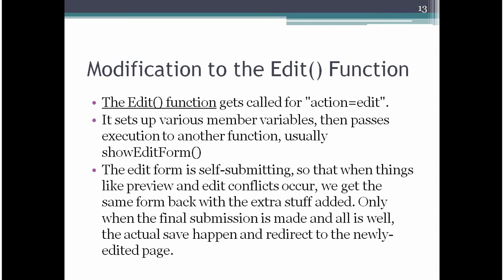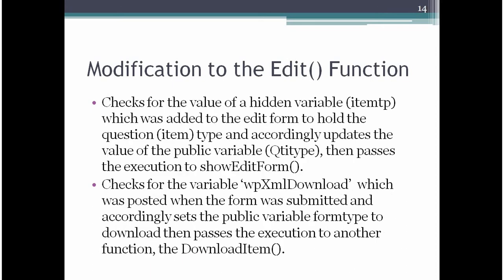What you need to know about this edit form is that it's a self-submitting form. It can submit itself several times, and each time it just updates a certain variable which would execute a certain if condition in the code.